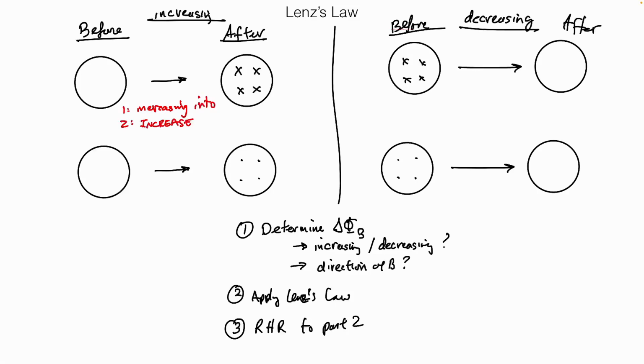So to fight the change, it's going to increase out. The coil will create magnetic field pointed which way? Outward, right? So it will try to cancel out this change in flux by adding opposite flux that it is generating.